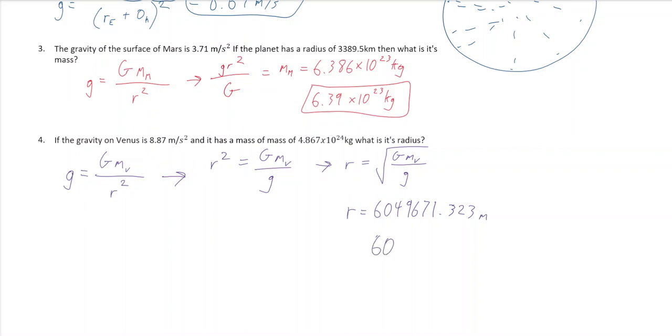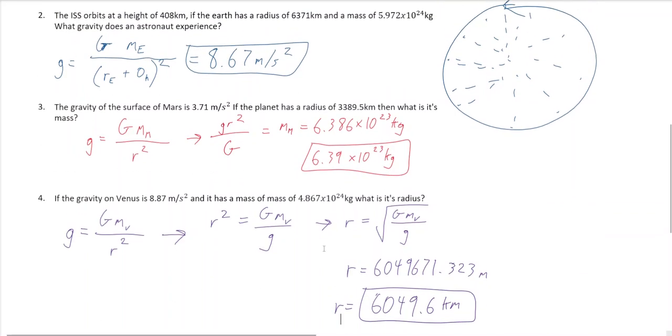We want it in kilometers to compare to the other planets. It would be this. So that is the radius of Venus. Now, if you compare it to the other planets, you can see that it is pretty close to Earth's radius and significantly larger than Mars's radius.